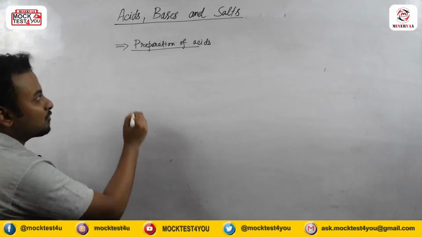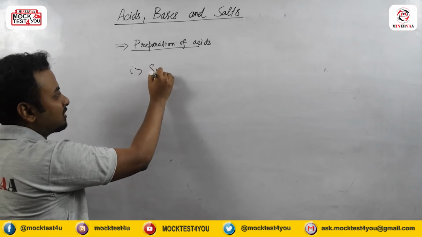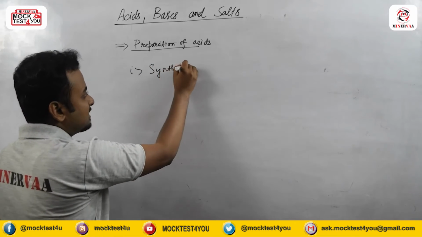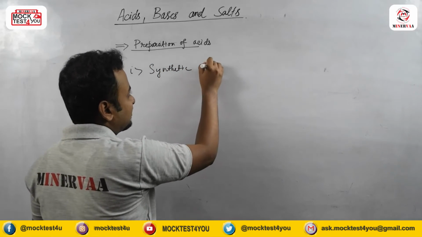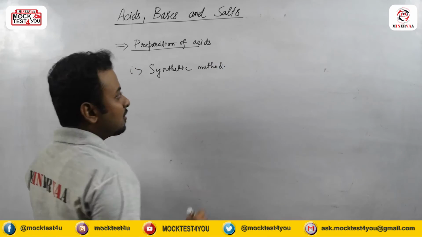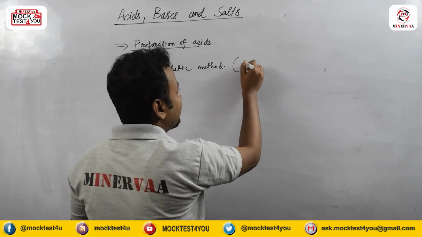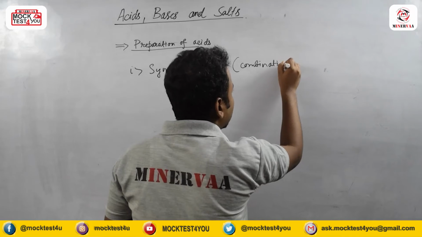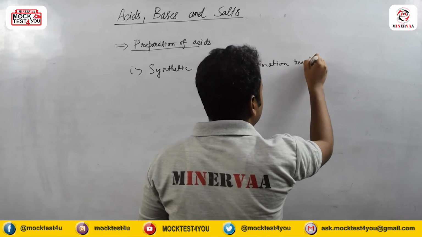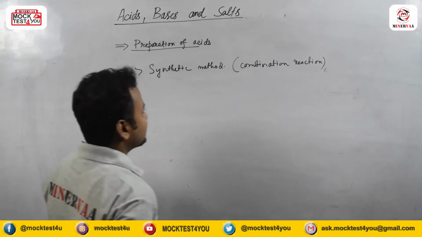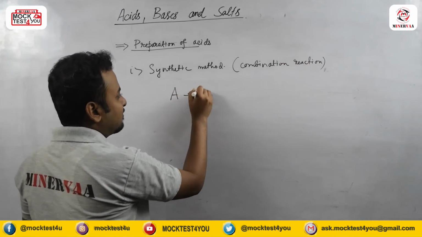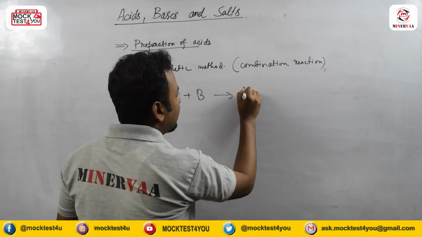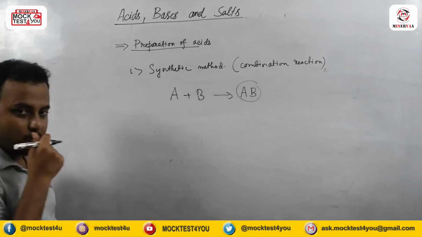The first method is the synthetic method, which is also known as combination reaction. We already studied it in class 8. So what is a combination reaction? Two species will combine to form a single product, right?